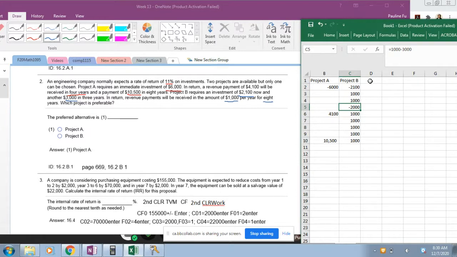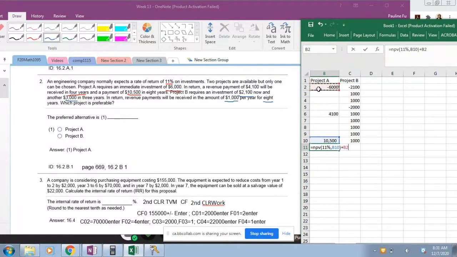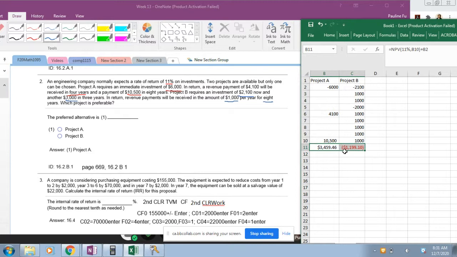Okay. So now I'm going to calculate the NPV. Equal NPV opening bracket 11%, comma, typing all these values, then plus initial outlay. So this is the net present value for project A. You repeat yourself, you can get project B. Okay.